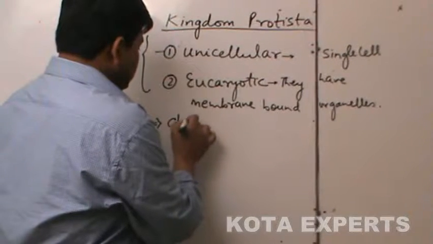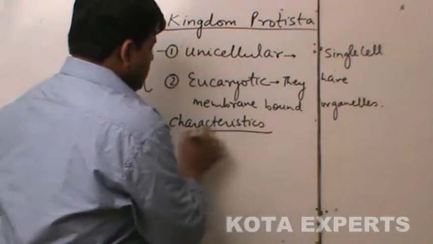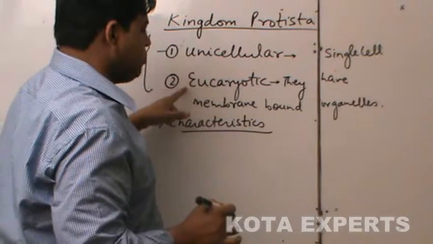Now the characteristics. This is the main characteristic: unicellular and eukaryotic.